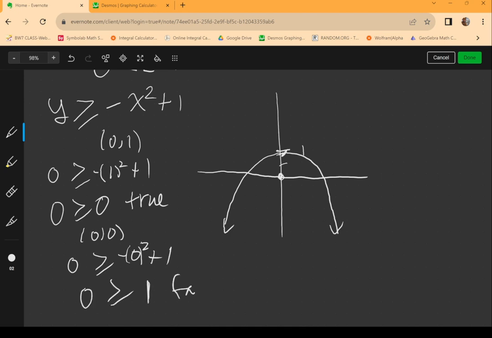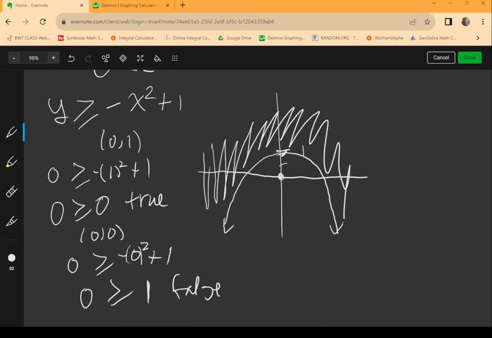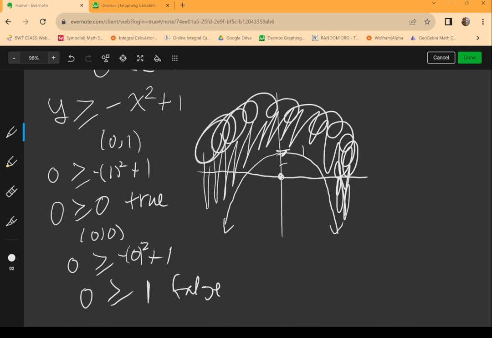So this is clearly false. What that tells me is that what gets shaded in is everything that is above the parabola, and including the parabola itself for this particular example.